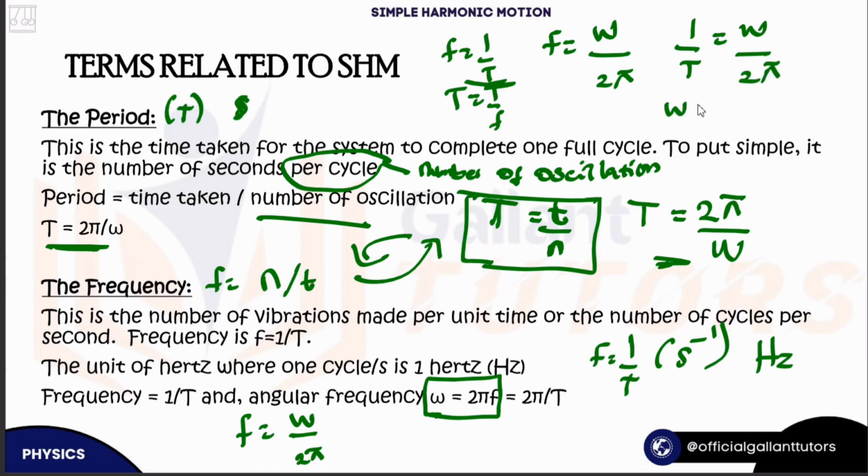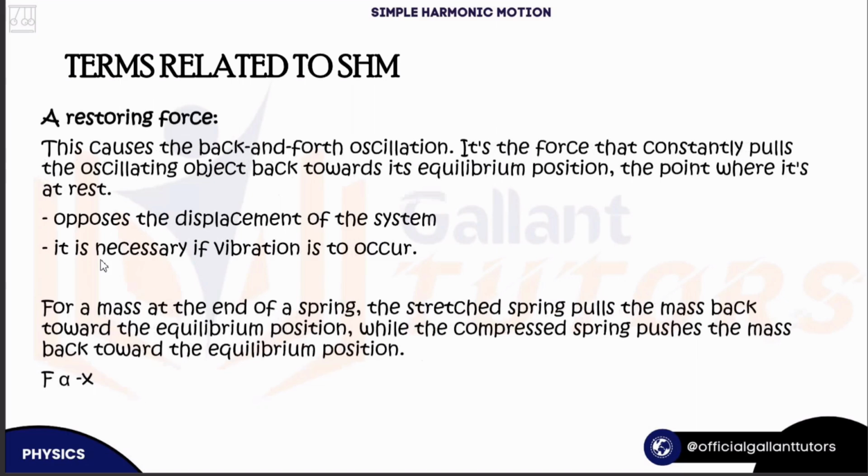So cross multiply, we have wT equal to 2 pi. Divide both sides by w. So at the end of the day, we arrive at T equal to 2 pi over w. Is that very clear? Which is similar to this. Good.